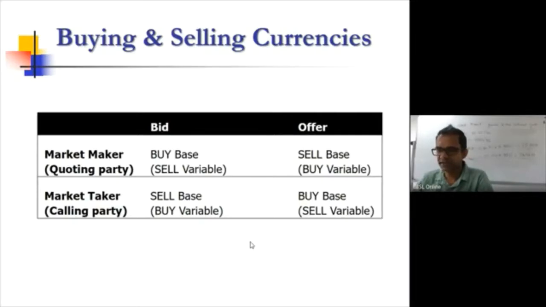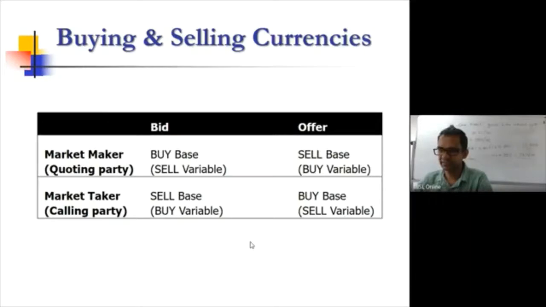Then at the offer rate, the market maker sells the base currency. The opposite is applicable for the market taker. Market taker will sell the base currency at the bid, and market taker will buy the base currency at the offer.